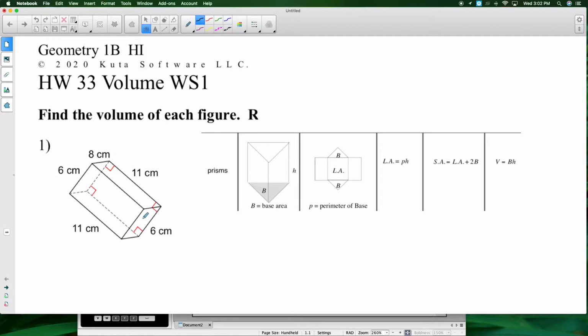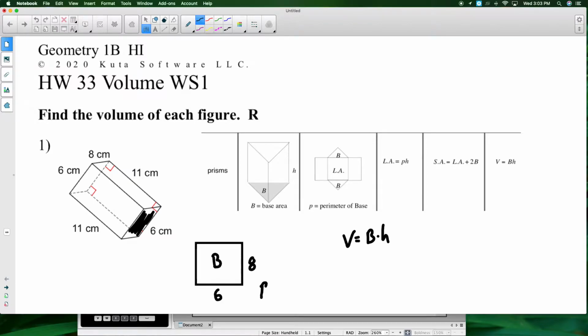Let's pretend I want to call this guy the base. If I draw one of those, one side is 6, and the other side is 8. So the volume is capital B times the height. Capital B, the area of the base, is 6 times 8.